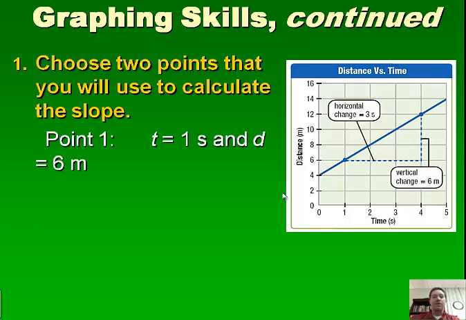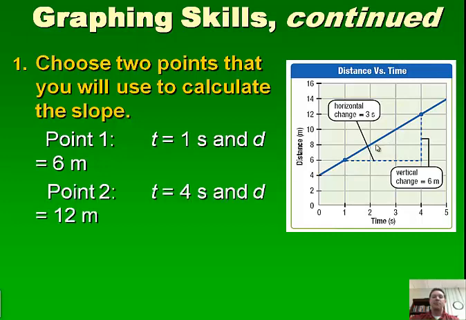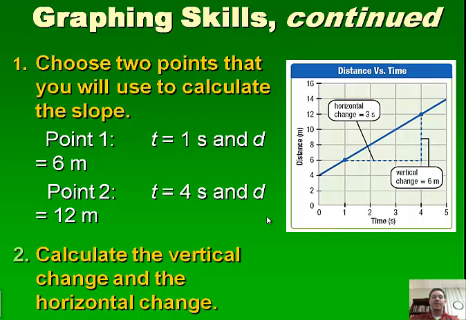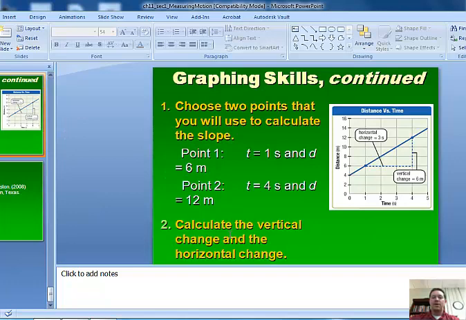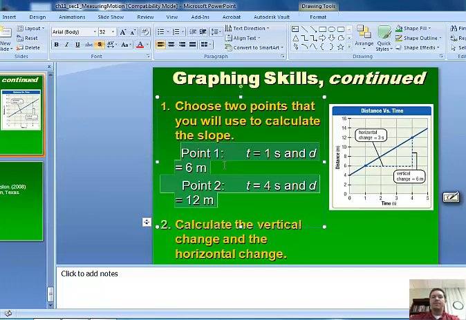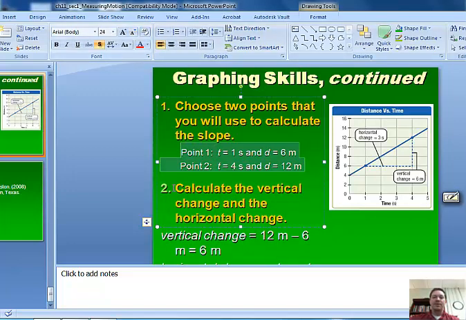I can do this the long way. Point 1 here is at time 1 second and distance 6. Point 2 is at time 4 seconds and distance 12. We can calculate by subtracting these points.